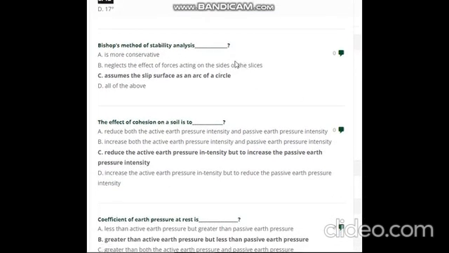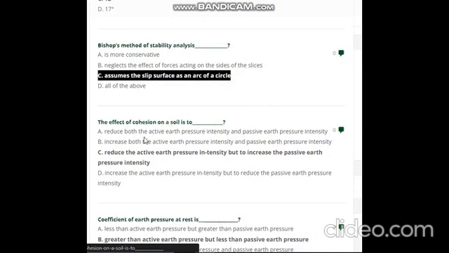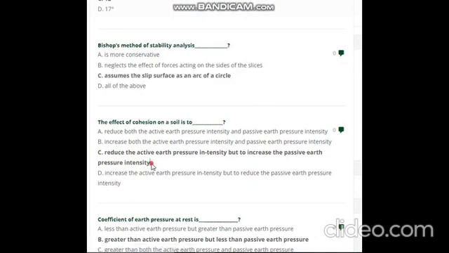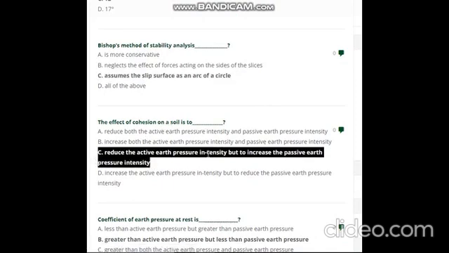Bishop method of stability analysis assumes the slip surface as an arc of circle. The cohesion of soil reduces the active earth pressure intensity, but increases the passive earth pressure intensity.